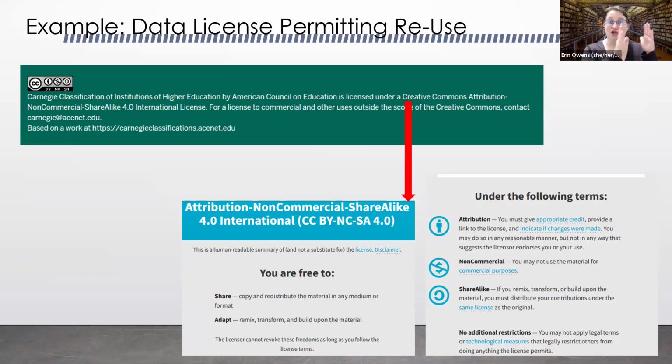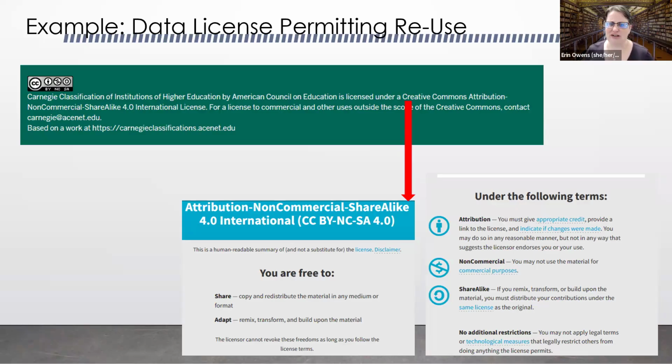So this license tells me you are free to share, copy, redistribute. You're free to adapt, remix, transform, build upon this material under the following terms. I need to give appropriate credit to the original creator. I need to be using the material for non-commercial purposes. And if I adapt or remix or create something new that is based on this, I need to also share it under this same license so that it is openly available for others to use.